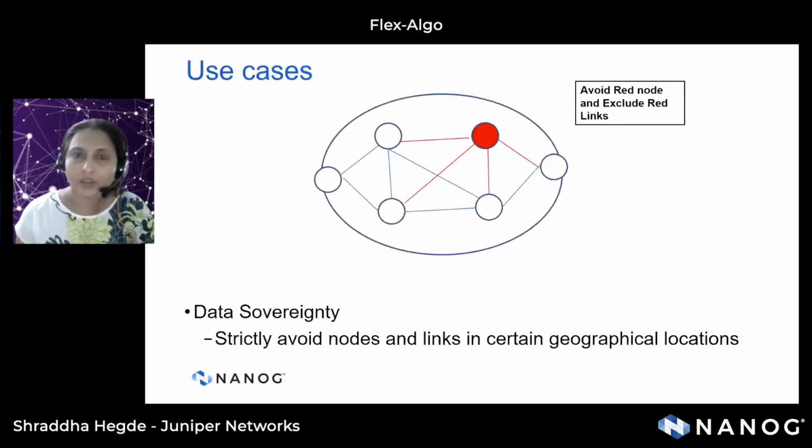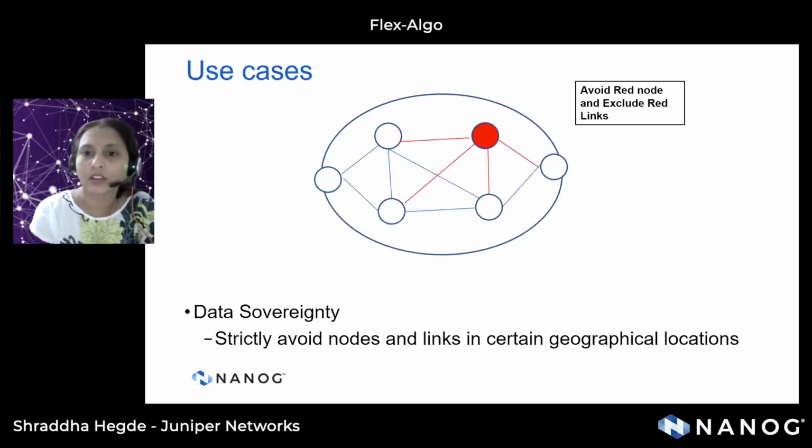So let's see another use case. Typically this kind of use case arises from data sovereignty requirements, mostly the geopolitical issues due to which certain customers may want to restrict that their traffic do not traverse nodes and links located in certain geographical locations.